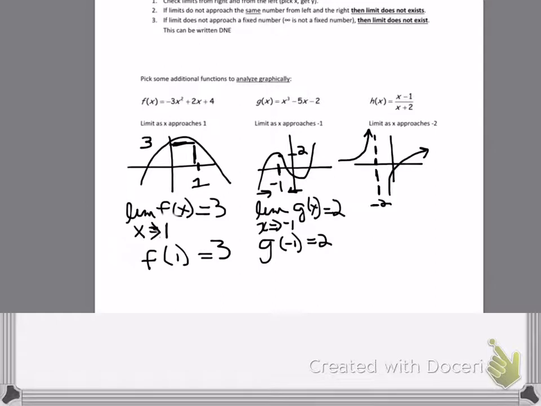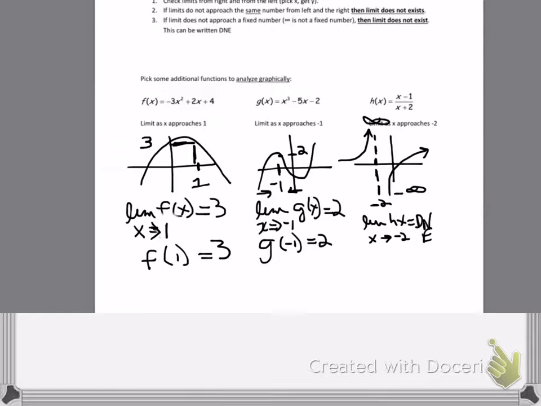If I want to figure out the limit of h of x as x approaches negative 2, I'm going to see as I approach negative 2 from the left, I will go to positive infinity. As I approach negative 2 from the right, I will go to negative infinity, and therefore, because I'm not approaching a number, my limit does not exist. So this is a does not exist.